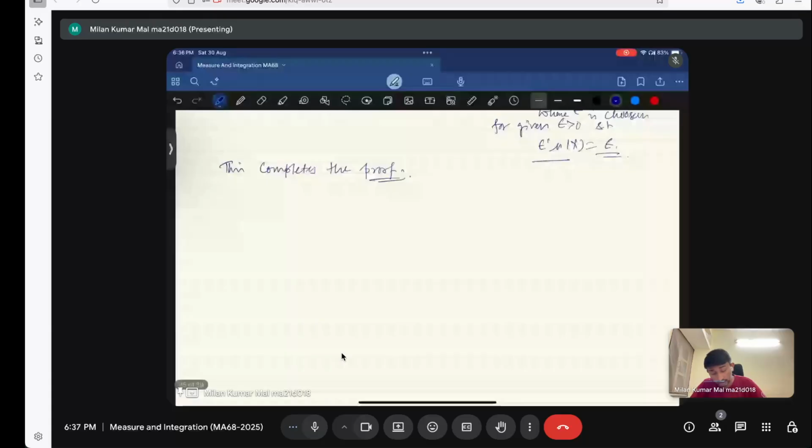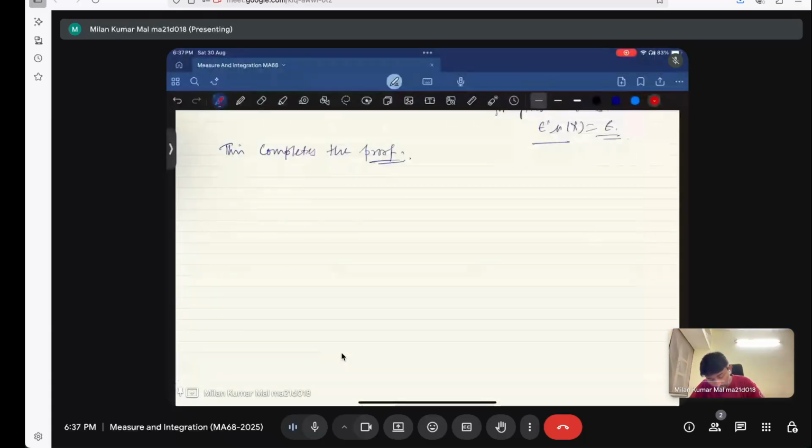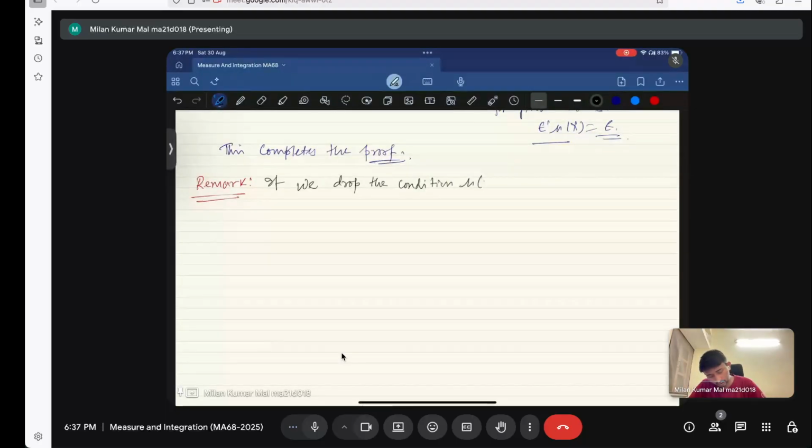So here is one more thing. One can write here a remark: if we drop the condition, then the above result may fail.